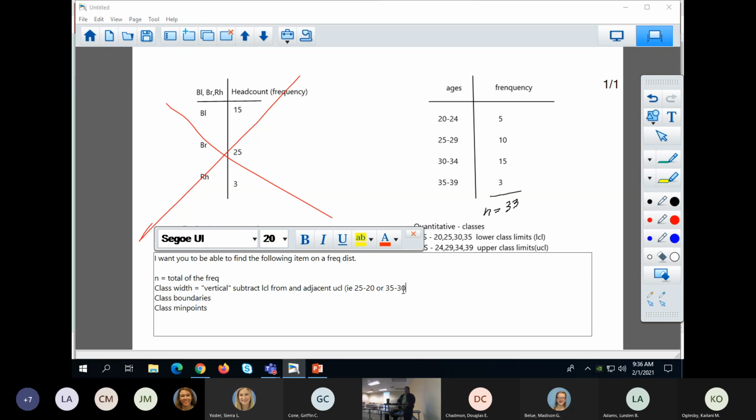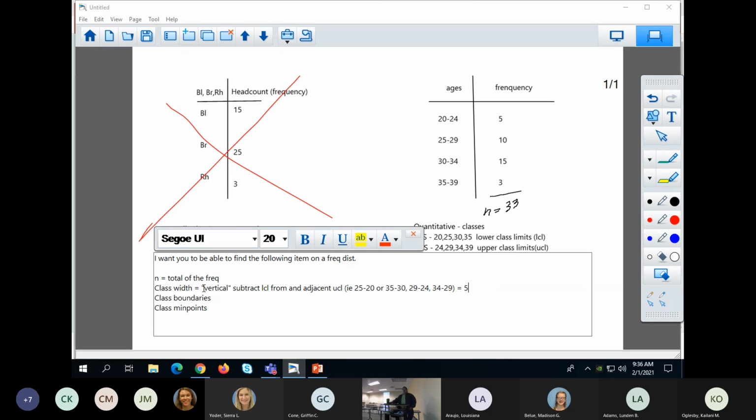It doesn't matter which side. 29 minus 24, or 39 minus 34. Somebody tell me what the class width of this frequency distribution is. 5, yes ma'am, 5.